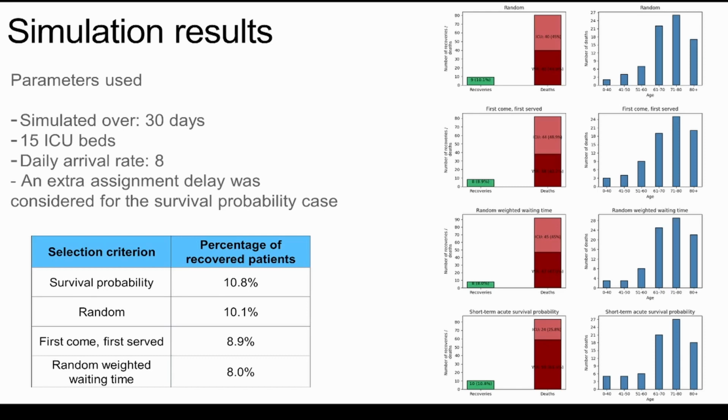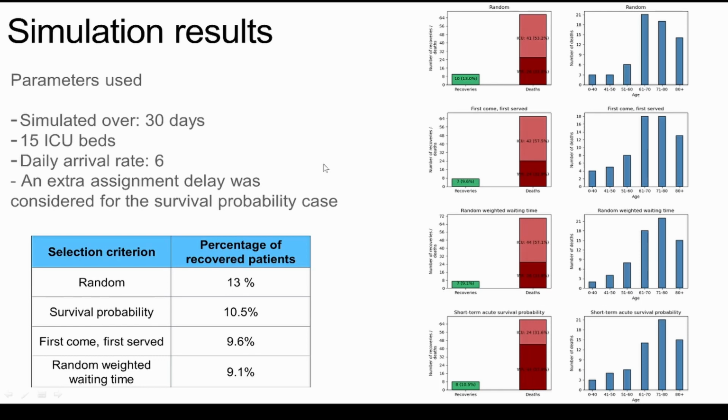For example, if there are 30 patients in the waiting room, this selection process will further be delayed by 15 minutes. We can see that the survival probability criterion still has the best results in terms of percentage of recovered patients. However, the gap between the random criterion and the survival probability criterion has gotten smaller. Before it was 2.2%, now it is 0.7%. Once again, the other 2 criteria show a poorer performance.